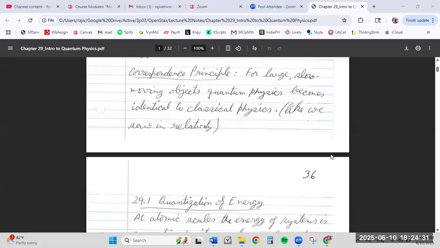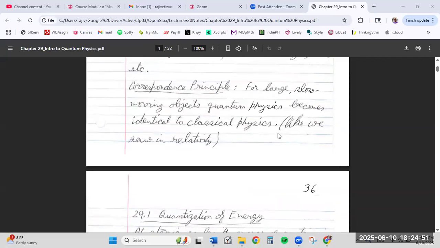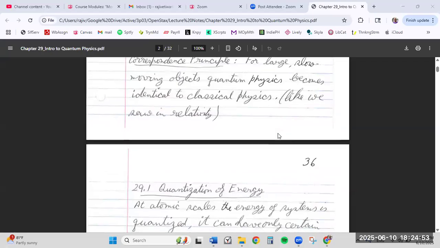If you have large, slow-moving objects, instead of atomic, subatomic particles, if you have large objects which are moving at non-relativistic speeds, then the results of quantum physics become identical to those of classical physics. And that's called the correspondence principle.